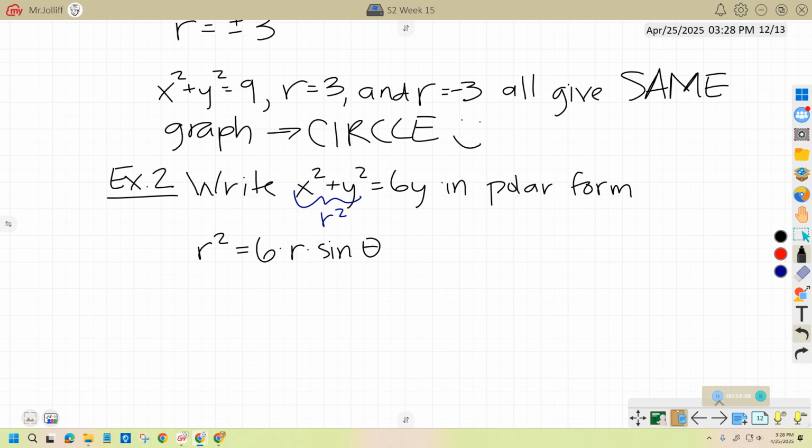Not too scary. The question is, where do we go? I've substituted. It's as simple as it's going to get. My last step is to solve for r. I've got r on both sides of the equation.